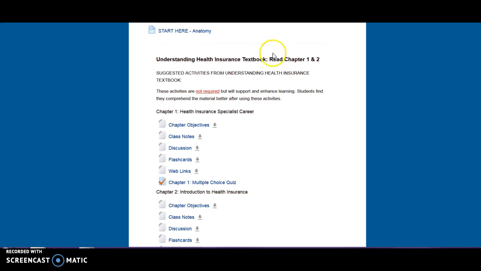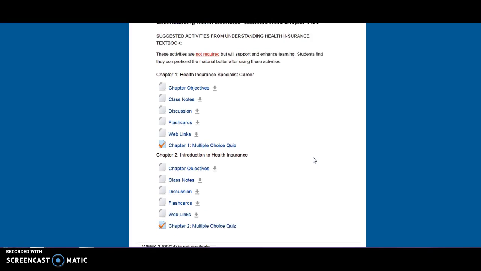So anything that you see under here, Chapter 1, objectives, notes, these are things to help you, along with the multiple choice quiz. All of that is resources to help you. And when we load it into the class, you'll always see this. They're not required, but you may use them to help you understand the content.